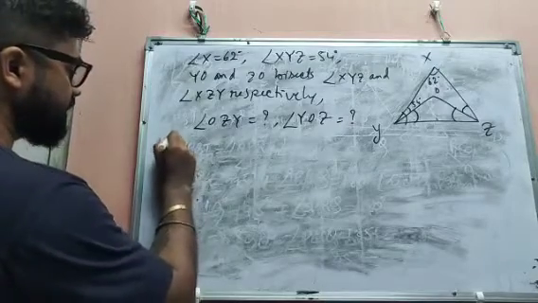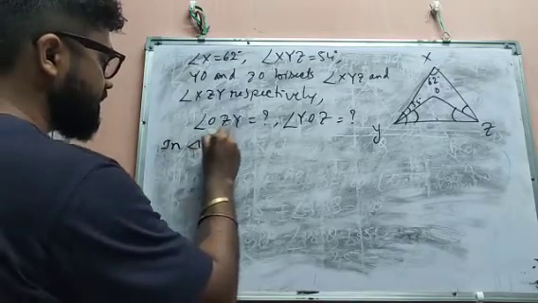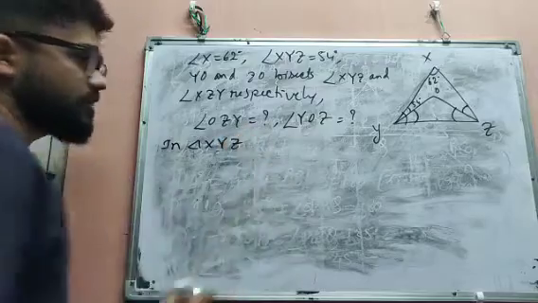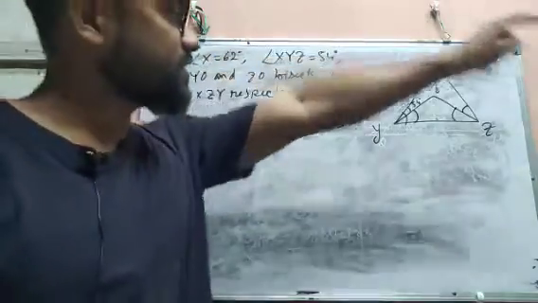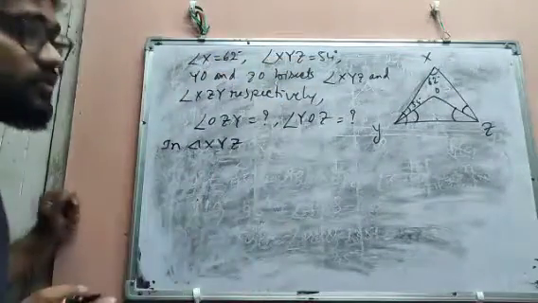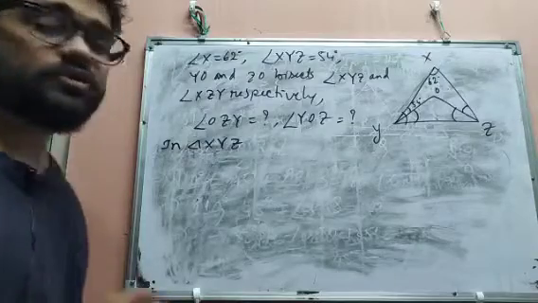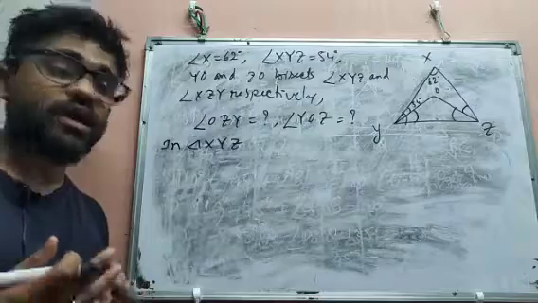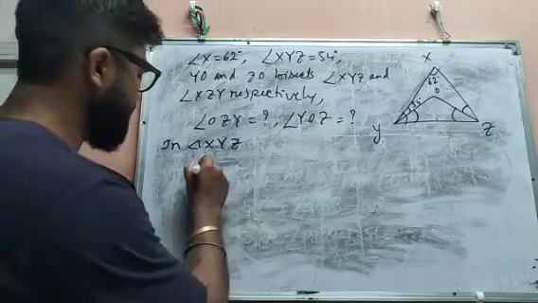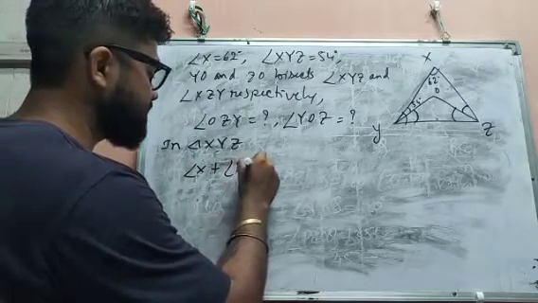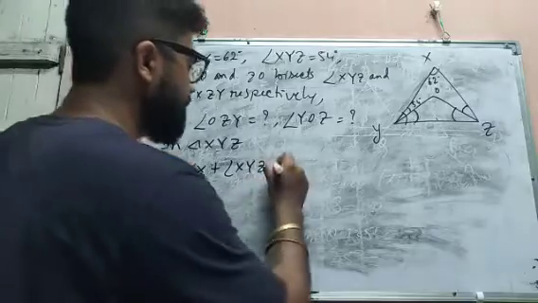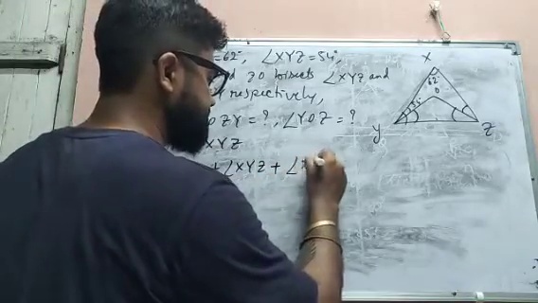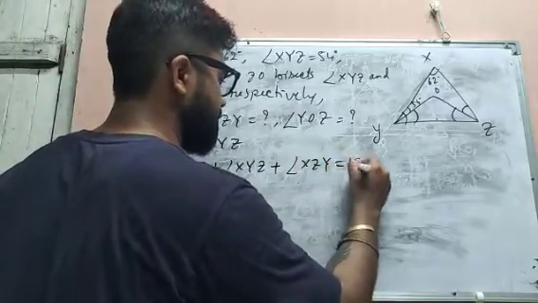Okay, so see how to do it. First one, in triangle XYZ. Okay, consider the large triangle XYZ. Here we are going to use the angle sum property. According to the angle sum property, the sum of three angles of a triangle is always 180 degree. So we can use angle X plus angle XYZ plus angle XZY equal to 180 degree.